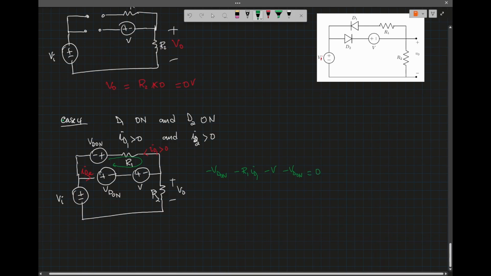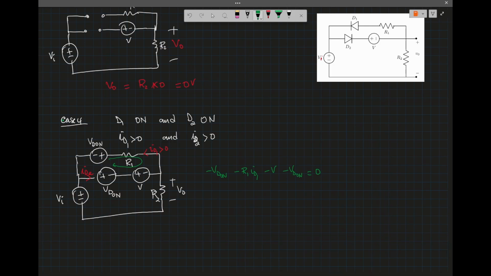And let me write the KVL around the outer loop instead to get a condition on ID2, ID1.